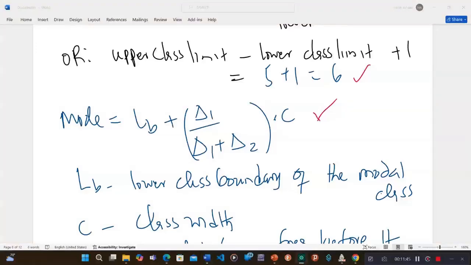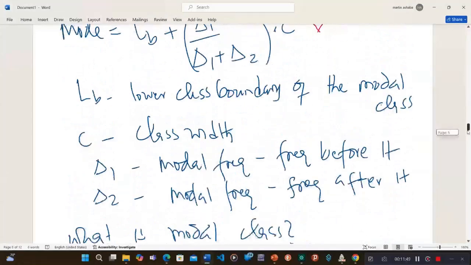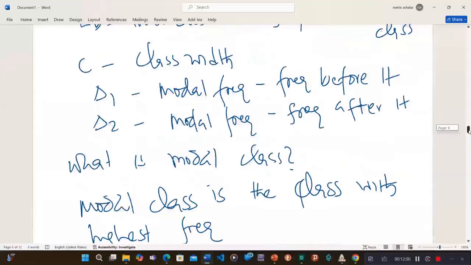So what we do, we have to get the LB, which is the lower class boundary of the modal class. C is the class width, delta 1 is the modal class frequency minus the frequency before it, delta 2 is the modal class frequency minus the frequency after it.